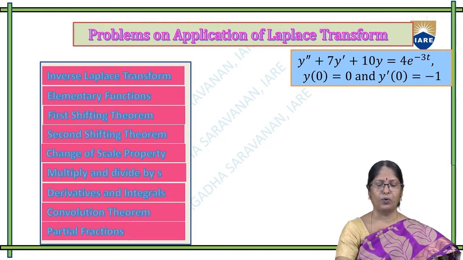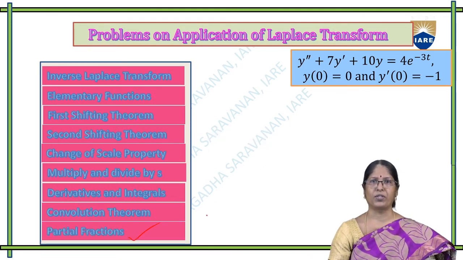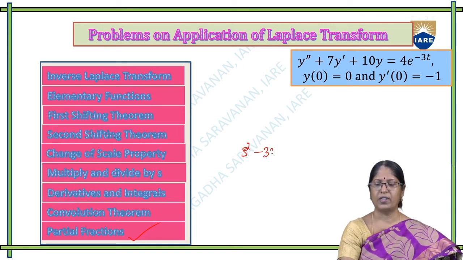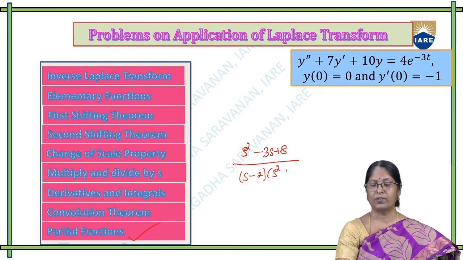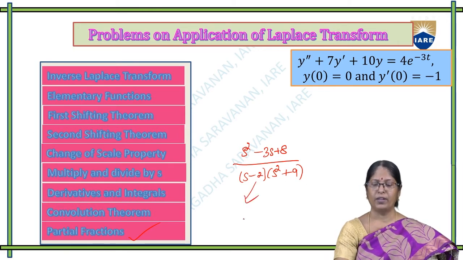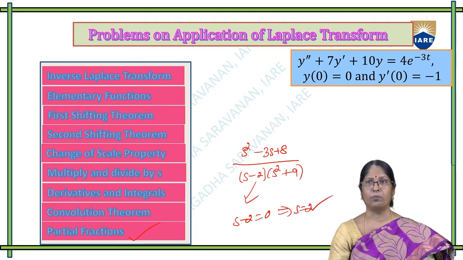finally, we can go to the partial fractions method. The partial fractions method is a very simple way. Suppose we have (s squared minus 3s plus 8) divided by (s minus 2)(s squared plus 9). If s minus 2 equals 0, this gives s equal to 2, a real number.